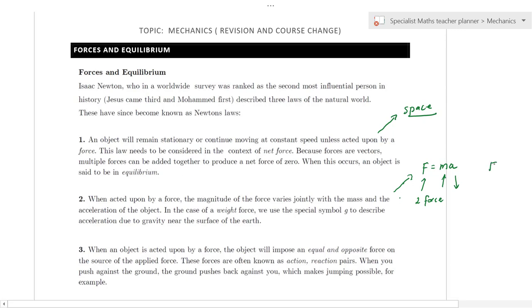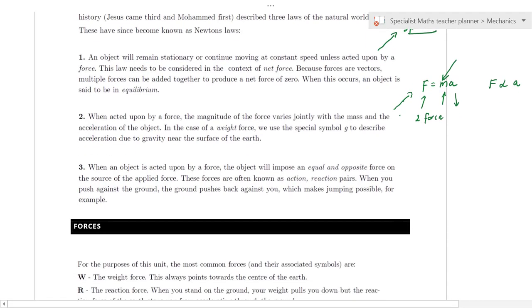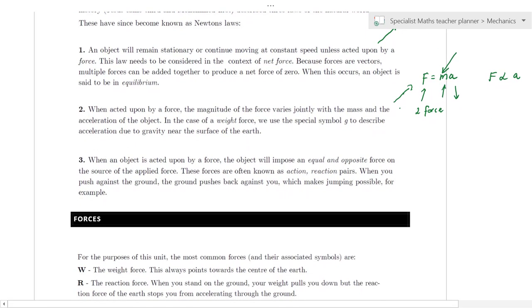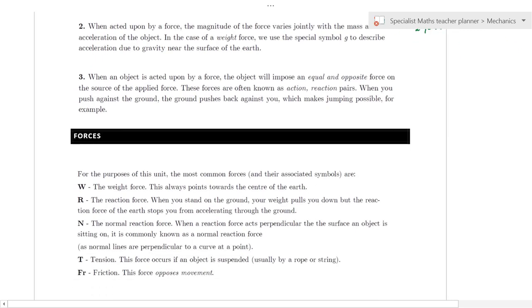So force is proportional to the acceleration, because of course mass stays the same, but if we increase the mass and apply the same force, we're going to get less acceleration. So force equals ma is the second law, and then number 3 is for every action there's an equal and opposite reaction. If I push against the wall, the wall's going to push against me, those sort of things.